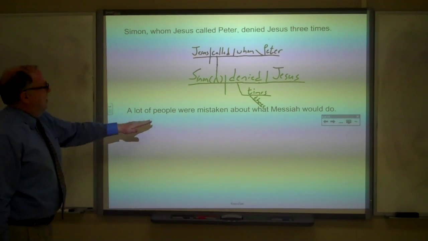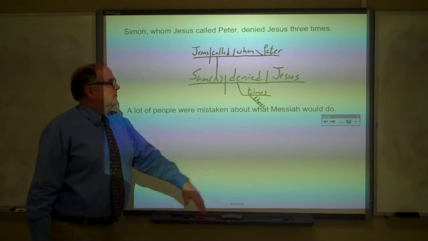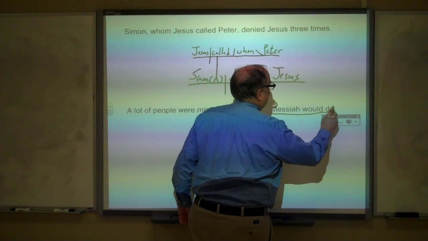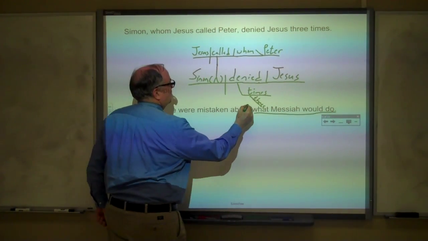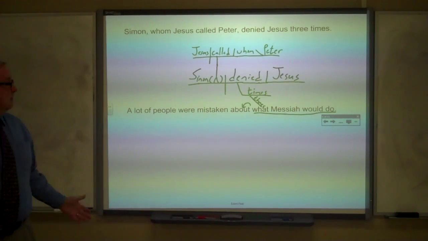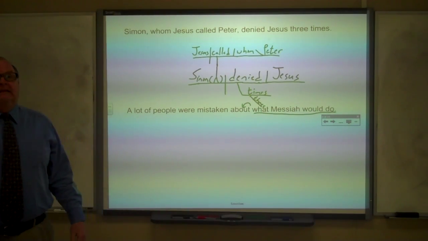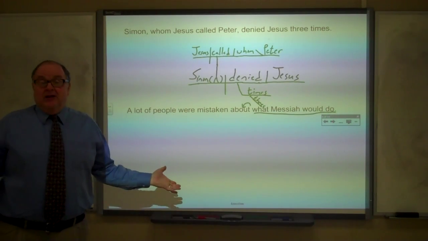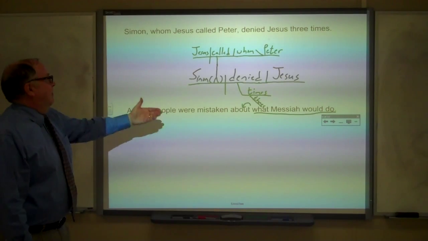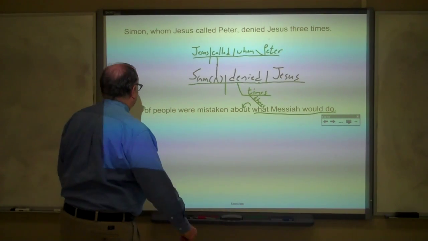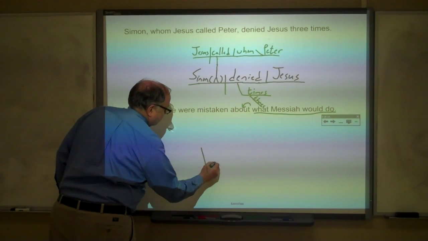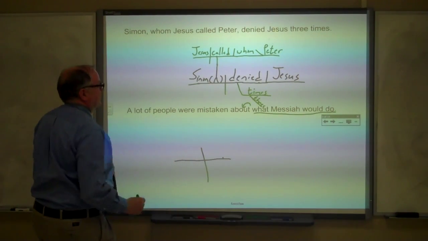A lot of people were mistaken about what Messiah would do. In this case, the noun clause is what Messiah would do, and it is the object of the preposition about. A lot of people were mistaken about what? Mistaken about the Yankees or something? No, mistaken about what Messiah would do. So, once again, we diagram the main clause first.